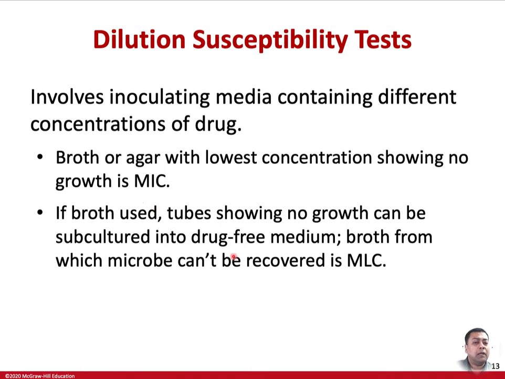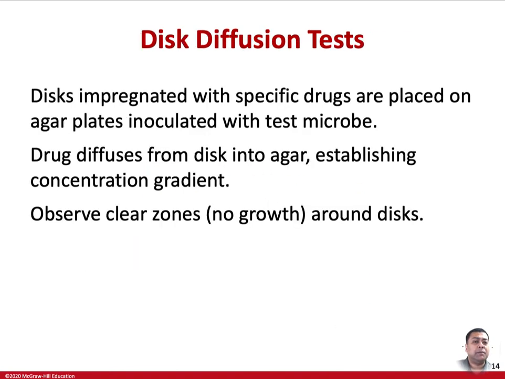Now for the other purpose, from all these dilutions, we take a little amount of the inoculum and add that to a fresh medium, which is drug free of course, and we look for microbial growth. If the microbes can't be recovered, that is the minimal lethal concentration in the particular tube from which the bacteria was taken. This is how you can identify the MIC or the MLC from the dilution susceptibility test.